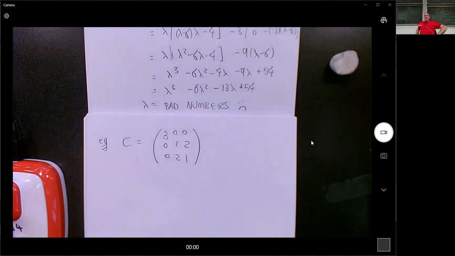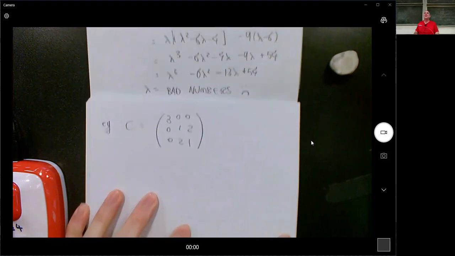Perfectly good symmetric matrix. Yes. And its eigenvalues are 3 and 3 and -1. All right.